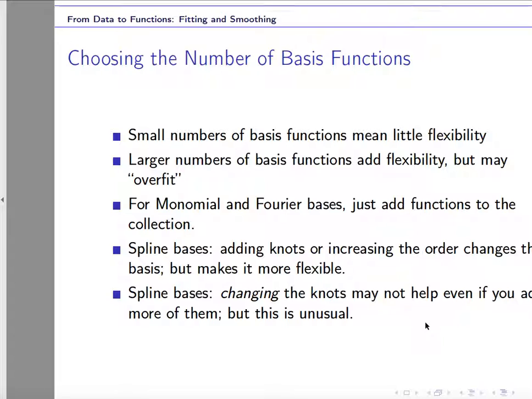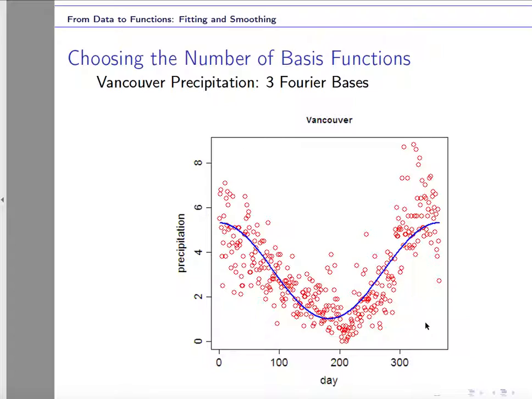If you use a large number of basis functions, you increase the flexibility, but it may overfit the data, right? We know that if we overfit the data, the prediction will not be good. Therefore, we have to choose the number of basis functions carefully.